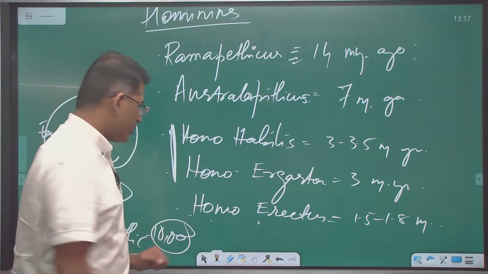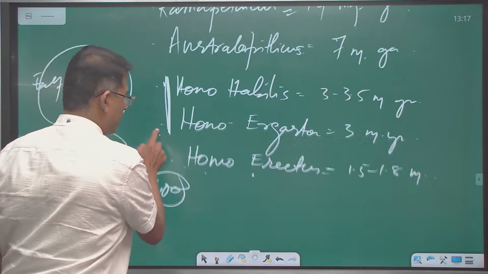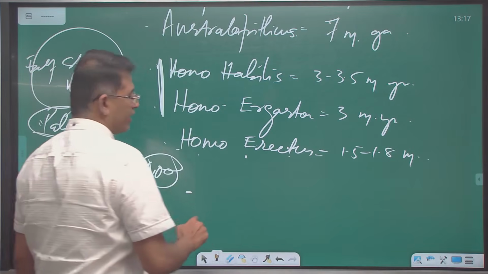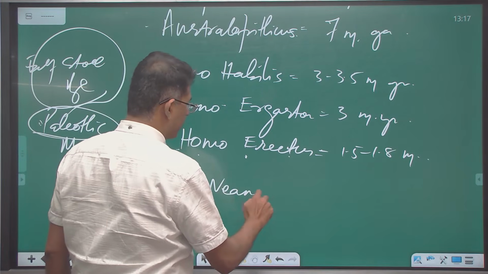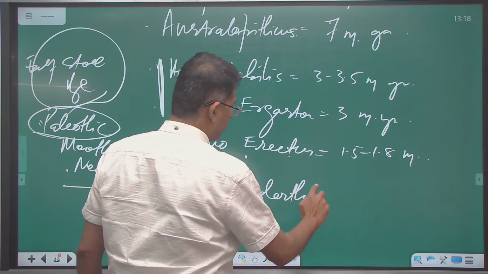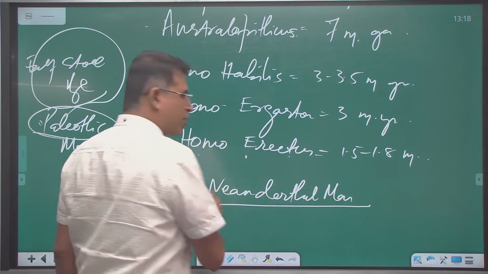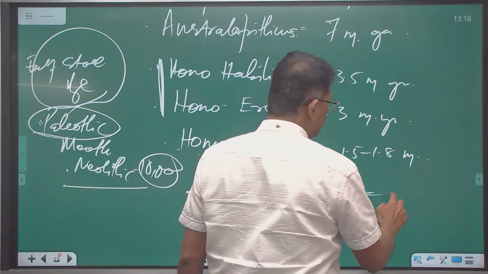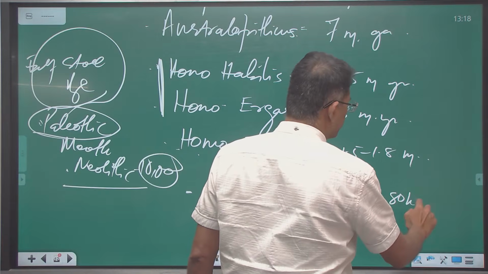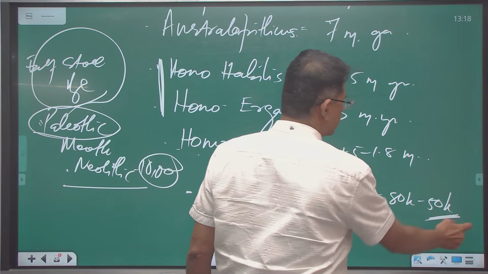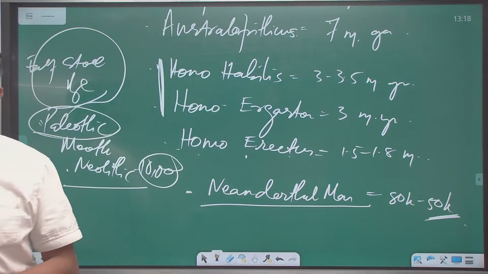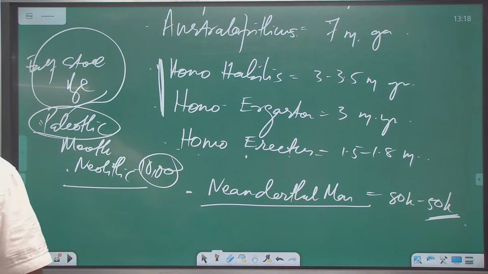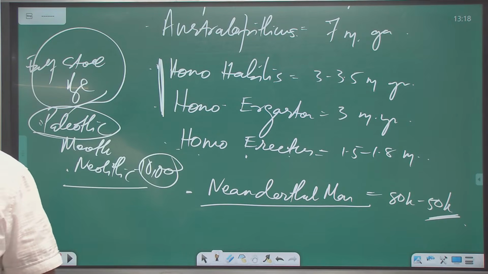Yes. Homo erectus is around the Mesolithic times. Okay. And Neanderthal man. The closest ancestor to our species. ठीक है?